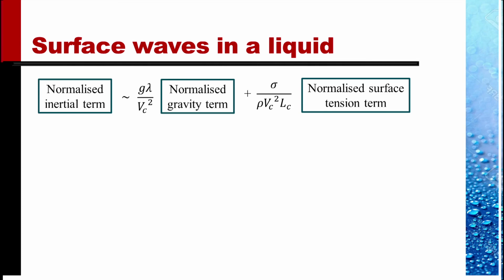Once we know the value of Vc, we can obtain the value of the characteristic time, invoking pi Vc Tc over Lc as invariant, which permits us to use Tc equal to Lc divided by Vc, which is lambda divided by under root G lambda, or under root lambda by G. This is the characteristic time.